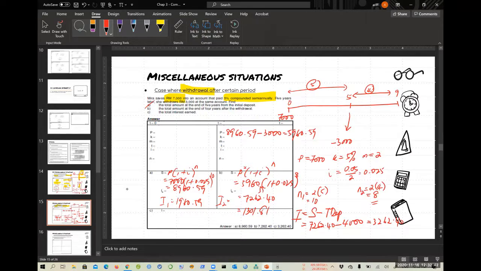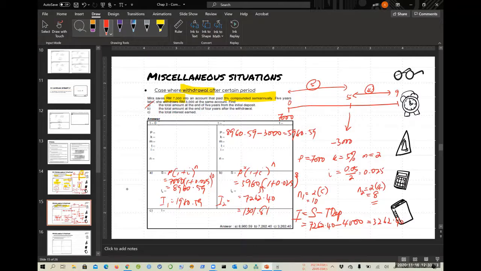So when you add these two together, plus 1960.59, you get the same answer, 3262.4. So same thing. Okay, if you calculate separately the interest and then add them together, it will give you the total interest. Similarly, you can also use I equal to the final amount in the account minus the total deposit.